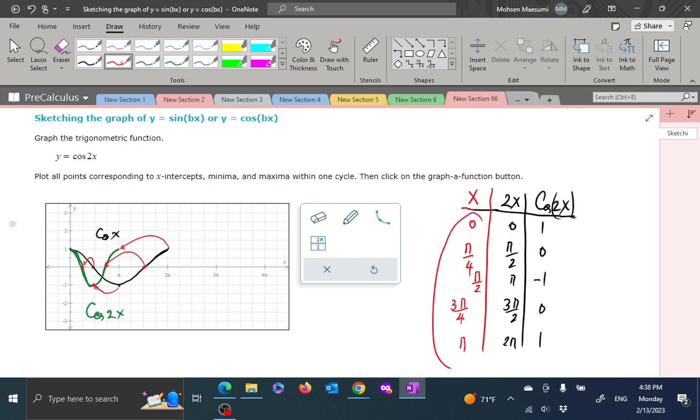So on the horizontal, we are going to graph these. So this is 0. This is pi over 4. This is pi over 2. This is 3 pi over 4. And this is what? Pi. So these 5 points that we had in our mind are now compressed in half of an interval they were before.